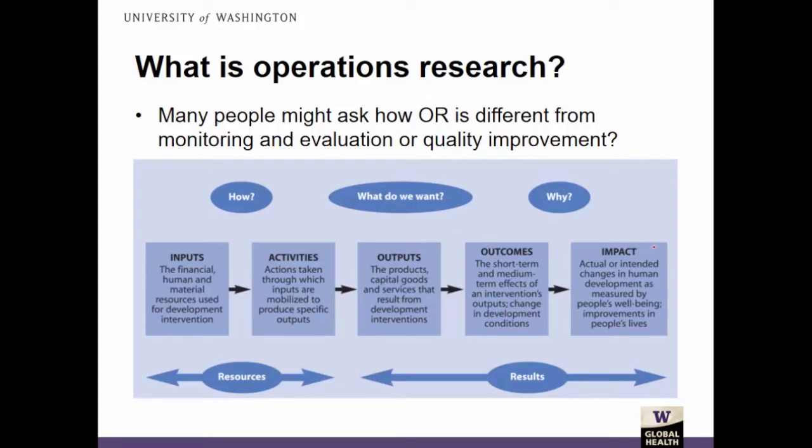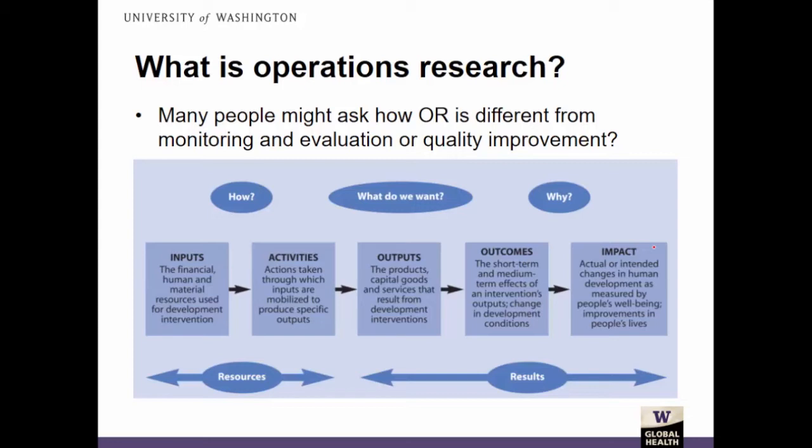So in this way, it's more focused on the left side of this figure to develop mathematical models of our resources to maximize our results, whereas quality improvement is focused on a more applied approach to shift how we use our inputs and organize our processes in real life and in real time, and quickly examine the effects of these small changes on outputs. With operations research, as we'll see, we can conduct what-if analyses without actually having to implement the change in real life. This is not the same in quality improvement or monitoring and evaluation.